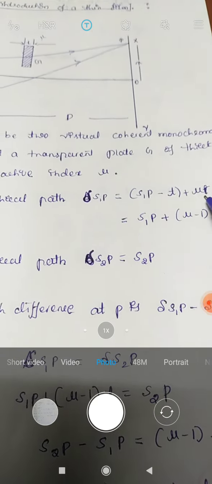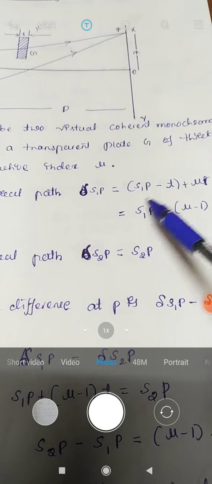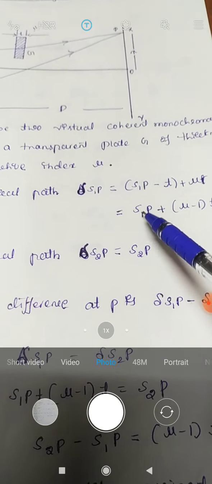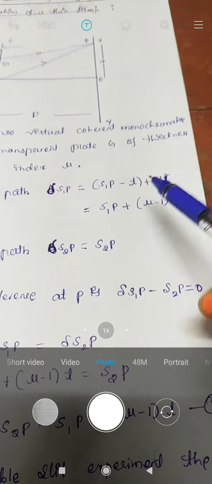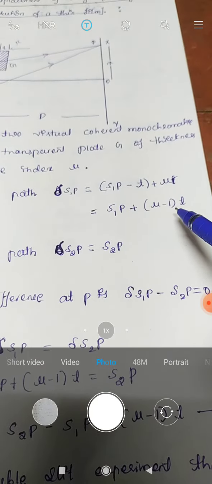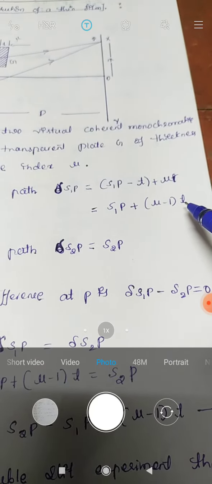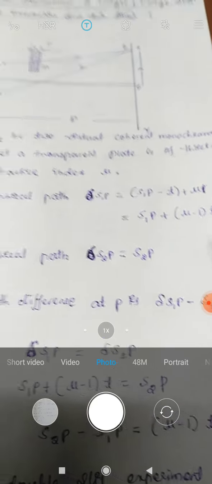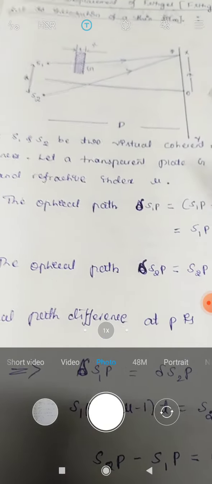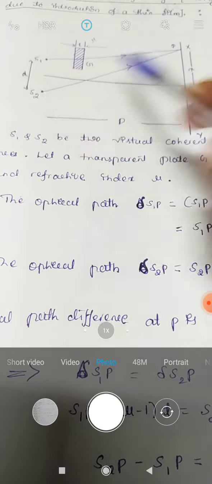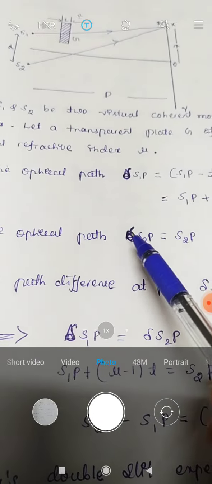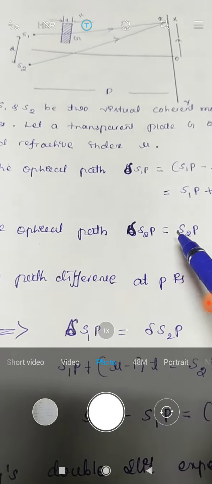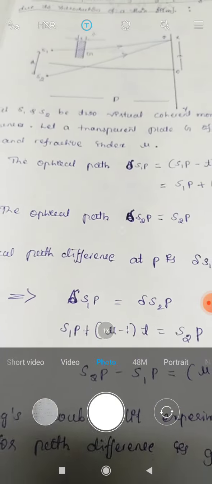Because T is common, take T outside the bracket, so delta S1P is S1P plus (mu minus 1) T. Again, the path traveled by S2P we can express as delta S2P is equal to S2P.